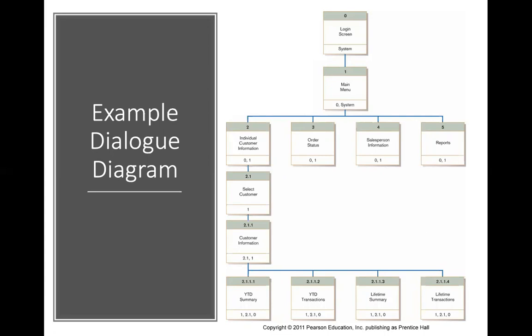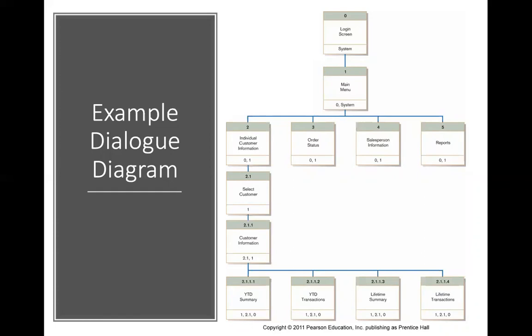If we move then to main menu, which is the next screen, reference number 1, we can see the main menu display. We can then see that the reference numbers of displays that can be accessed are 0, i.e. the login screen, and the system as well, because this is one of the earliest screens that is going to be accessible by our user community.